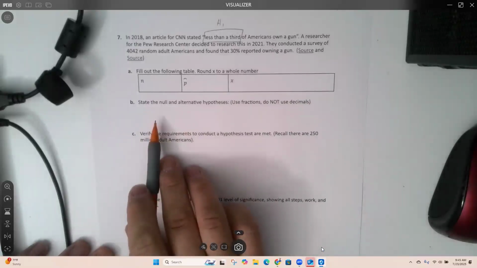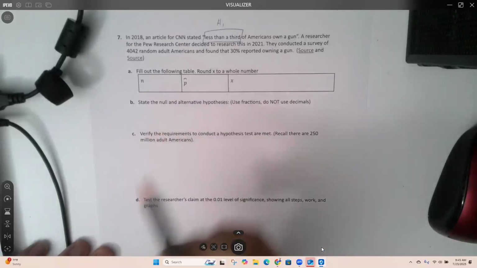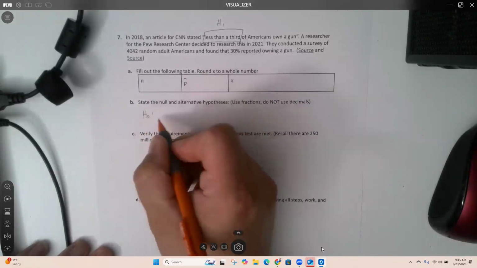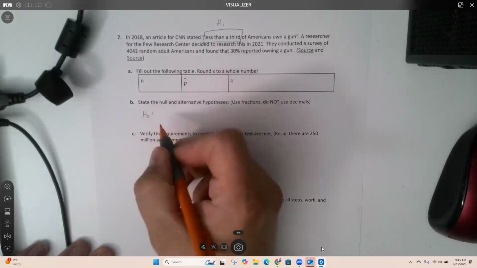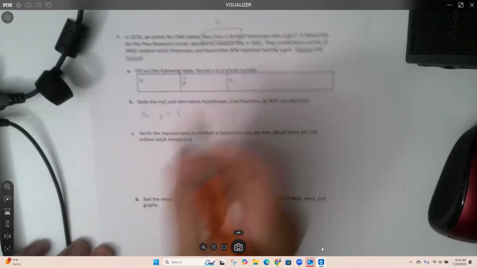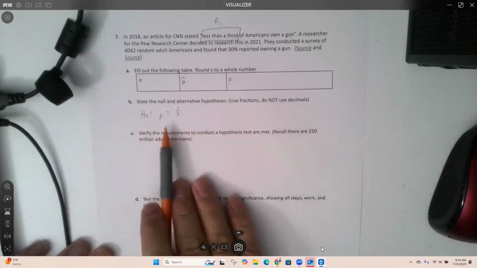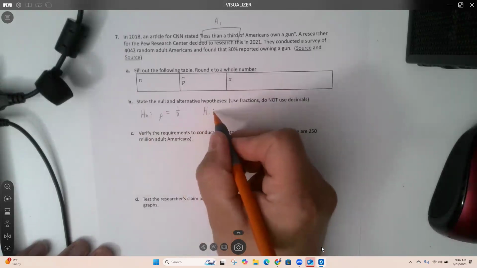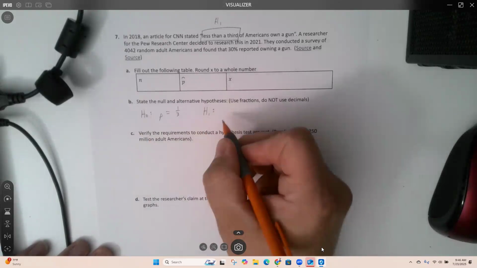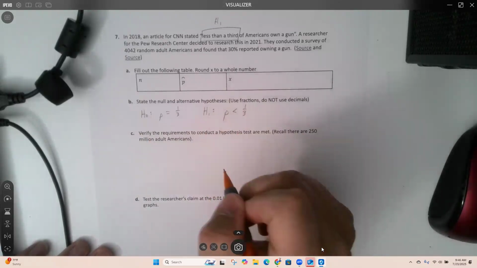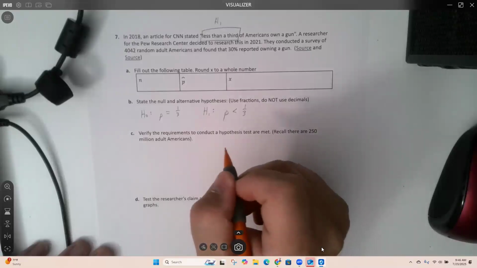If they're saying it's less than a third, your null hypothesis is always that it's equal. Your alternative hypothesis is always either going to be not equal, less than, or greater than. In this case, it's less than. So this is going to be a one-tailed test.